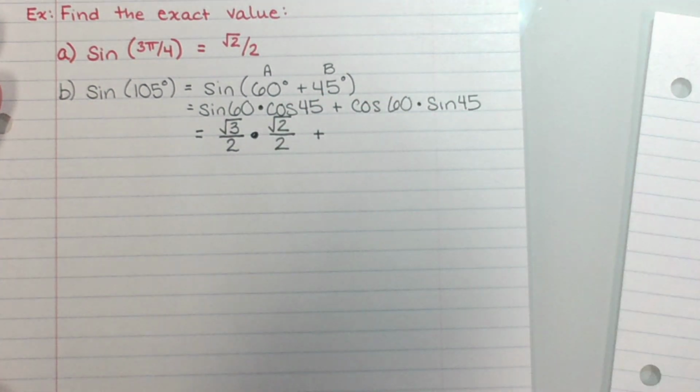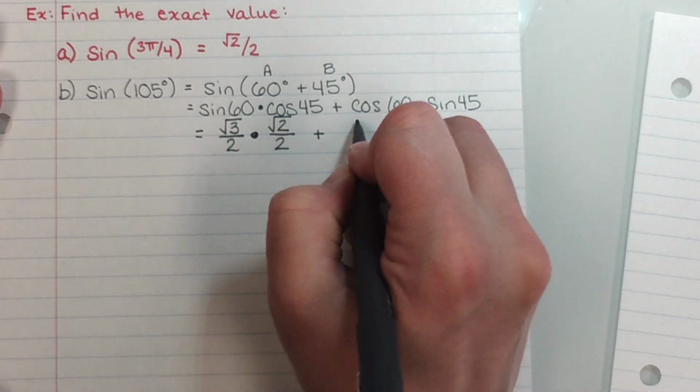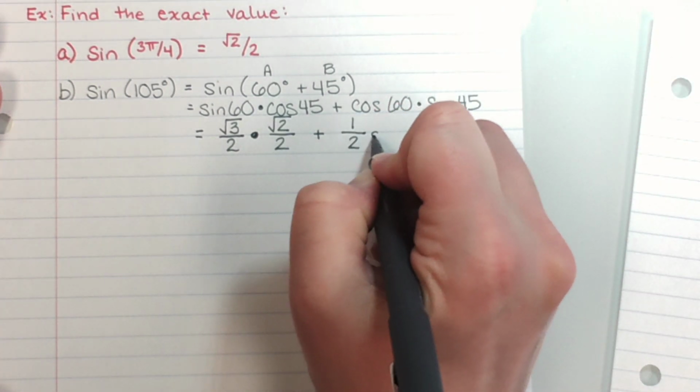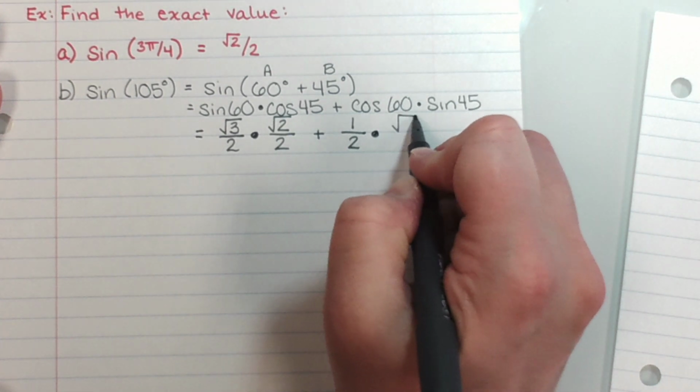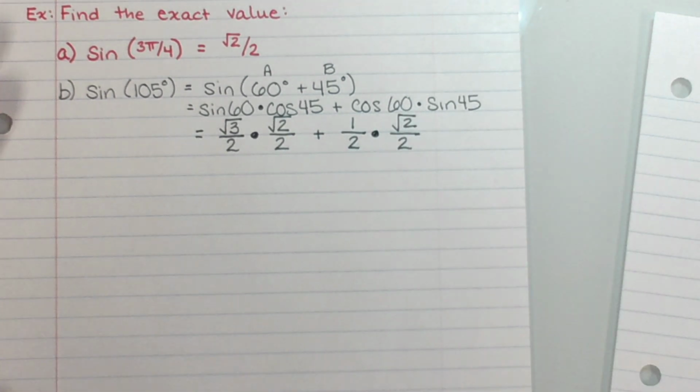Plus cosine of 60 degrees. 1/2. Times sine of 45 degrees. Root 2 over 2. From here, it's just a matter of simplifying what we can. Simplifying is following PEMDAS. Do I want to subtract or multiply first? Multiply. To multiply fractions, straight across.